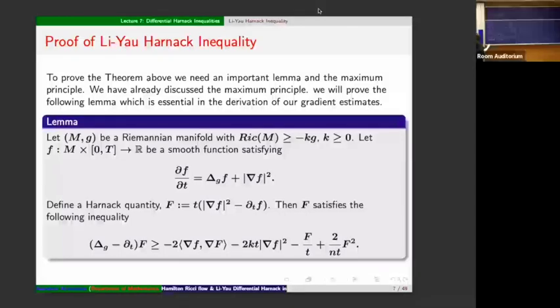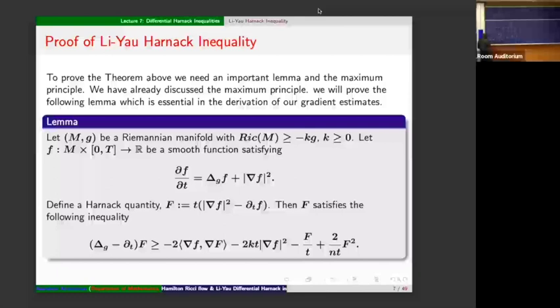We claim this, and if we can establish this claim, then we are done. And how do we establish that claim? We can prove by contradiction. If this claim were not true, there will be some points where this f is greater than n over 2, so f minus n over 2 is greater than 0.